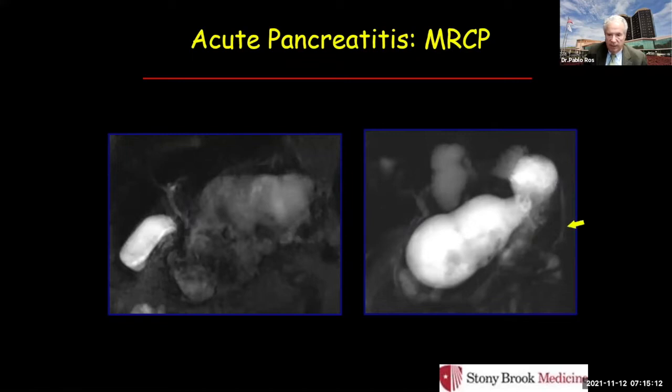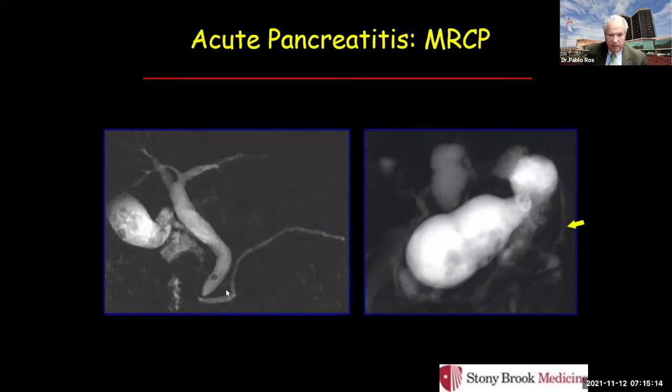And again, just pointing out that you can see gallstones or you can see the displacement and the obstruction of the common bile duct by the displacement and the narrowing of the common bile duct by the large peripancreatic phlegmon.